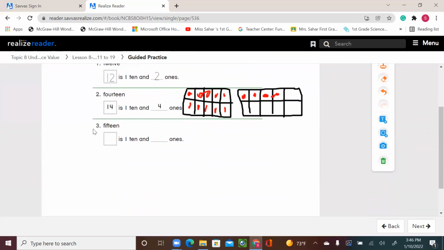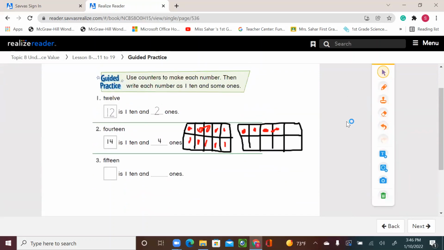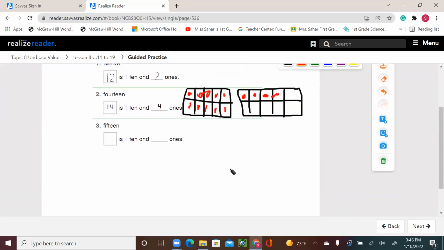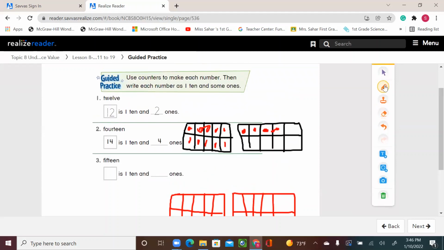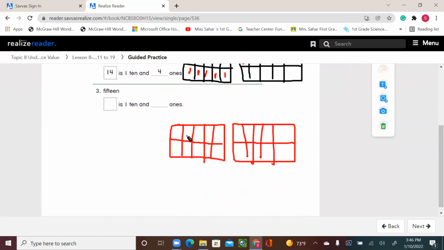Let's see the next one, 15. That's easy. Can do the same. Draw also my 10 frame. I know that I need to use 2 of them. Okay. Let's fill the first 10 frame because it says 1 ten.